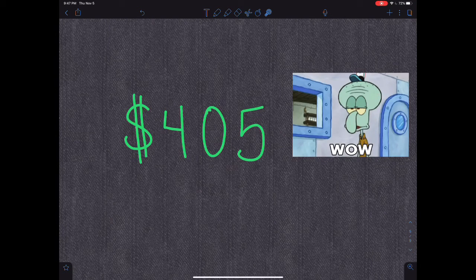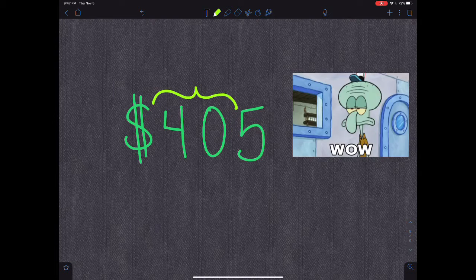But this makes a lot of sense because if you think about the 4 and the 0, instead of as the hundreds place plus the tens place, you can think about it as 4 $10 bills.